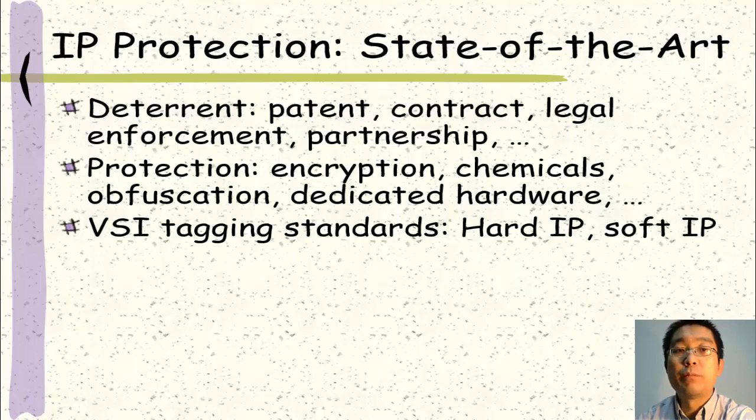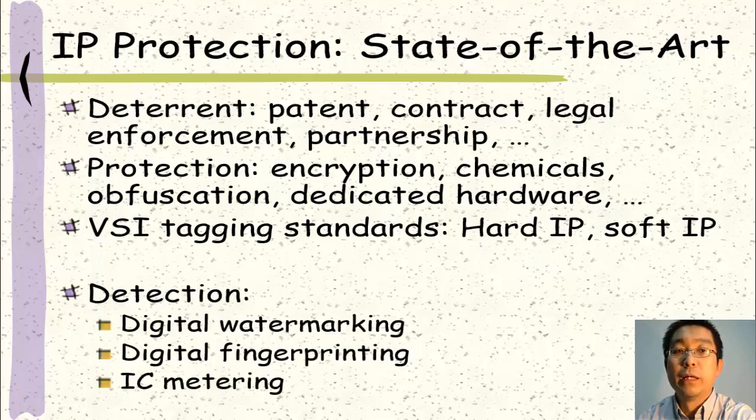Encryption and other protection mechanisms make IP piracy more difficult and more expensive. But only the detection schemes such as digital watermarking, digital fingerprinting, and integrated circuit metering can enable IP providers to identify the occurrence of IP piracy. This identification will be the first step towards legal fight against IP infringement. We will focus on these methods this week.